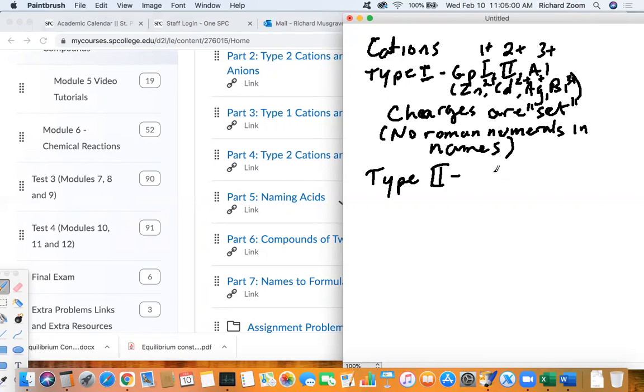That's pretty much everything else, all other metals. Charge, maybe 2 or more different charges possible.